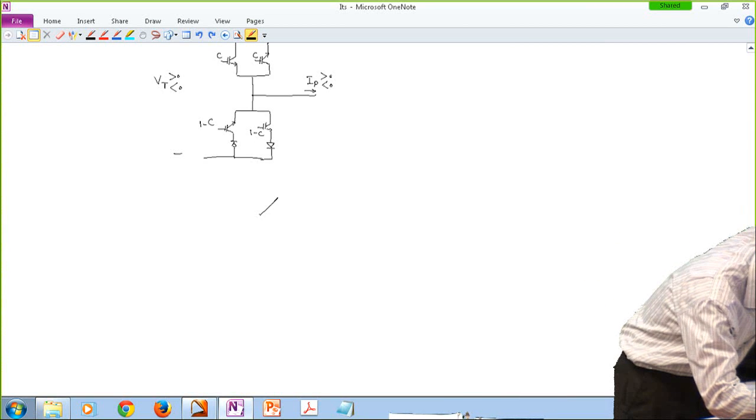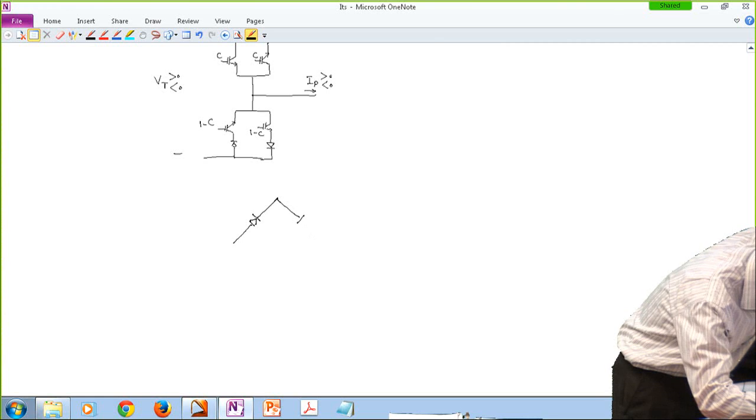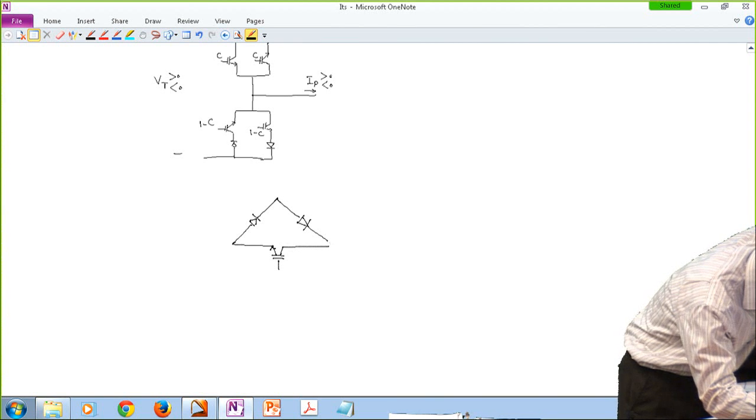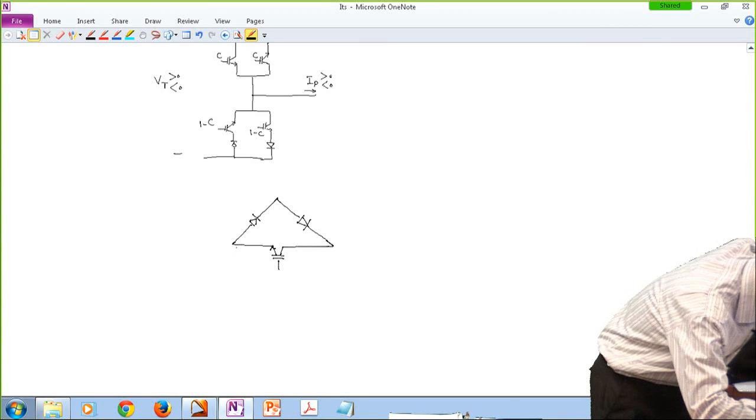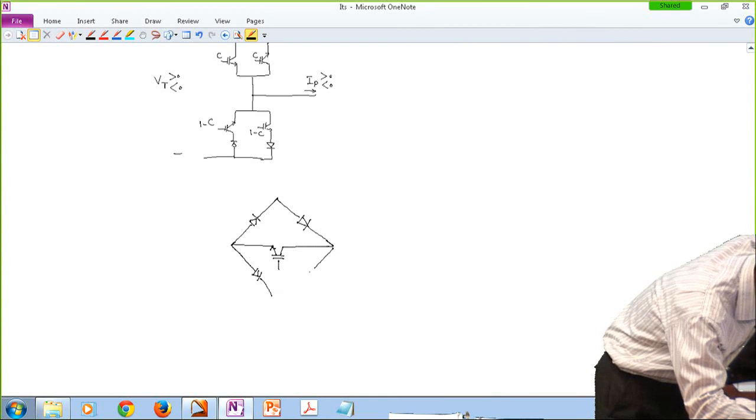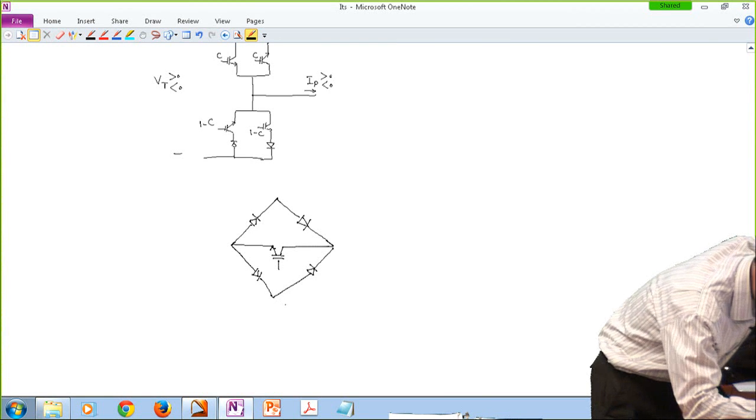So this is how it looks like. Here we are using more diodes, but fewer switches.